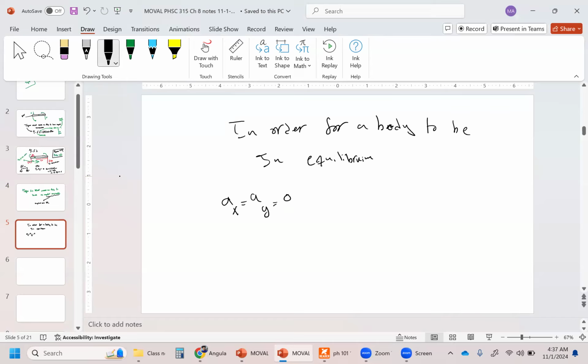Same thing, all your rotational acceleration alpha is going to equal zero, which means all your summation of the forces in the x-axis has to equal zero. All your summation of the forces in the y-axis has to equal zero. And which means that all your torque summation is going to equal zero.